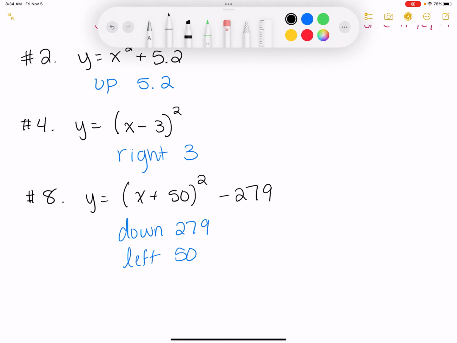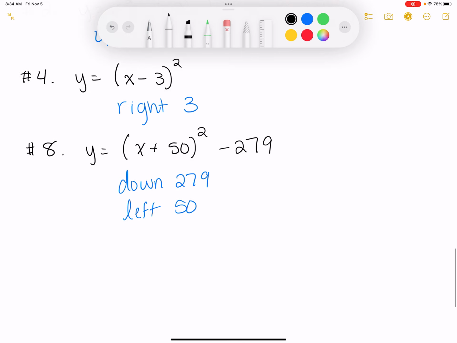Alright, so number 10. These ones say to describe how the graph of y is equal to the square root of x can be transformed to the graph of the given equation. So y is equal to the square root of x minus 5.